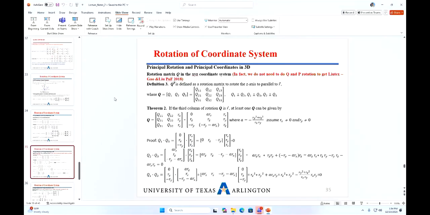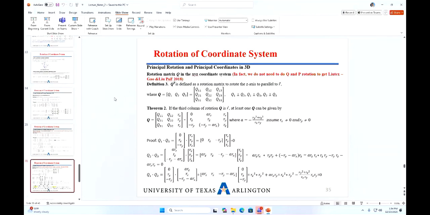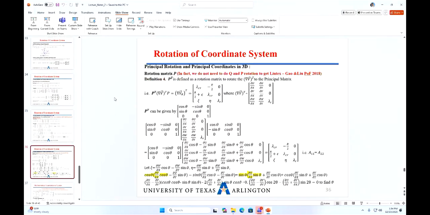But this is different from the nominal CI system. Nominal CI also has 3 vectors, but not orthogonal. This is an orthogonal system. That's different. But we found this already. I don't want to give the details because it is time consuming, how to rotate it, how to get that.